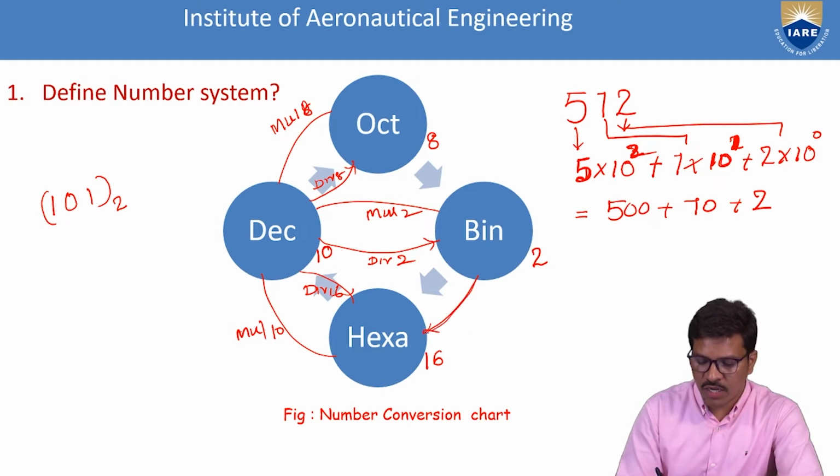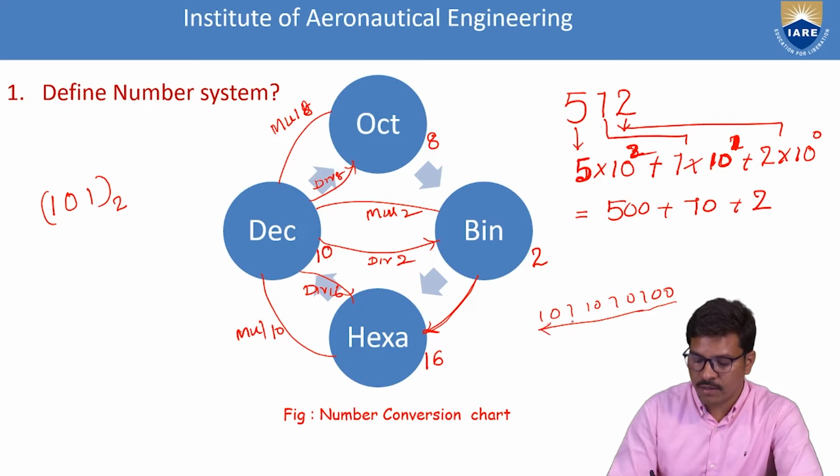If binary to hexa, take any binary number and from left to right, separate out groups of 4 digits.